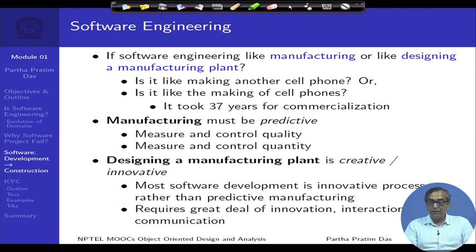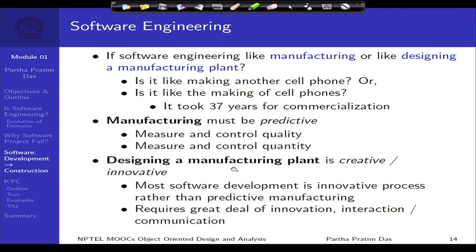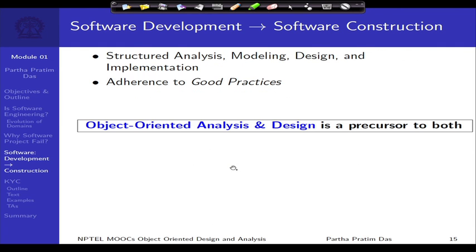Interestingly, most software development continues to be an innovative process rather than predictive manufacturing. That is what makes it difficult to view software development as a construction process, because it does not have the reliability and predictability of manufacturing or construction. It requires a great deal of innovation, interaction, communication, and all those factors impact the success of the projects.